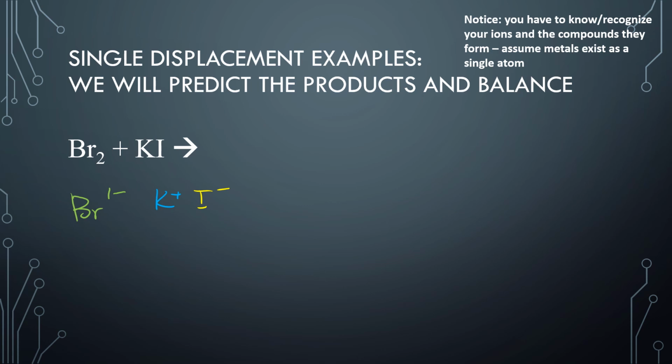So Br will kick off I. Then it's going to be K plus, Br 1 minus, and then I minus. So my new products will be KBr plus I2 because it's diatomic. So then I balance. 2, 2, 1, 1.